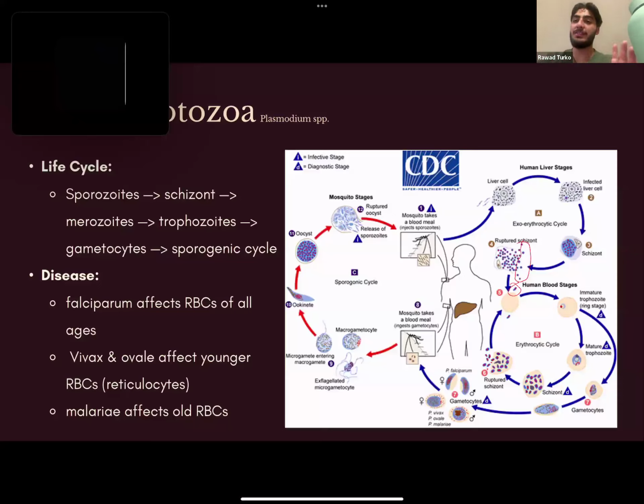Now let's get into how the disease is formed. So the disease of malaria is basically just formed by the cycle of blood cell rupture, and the rupture of the red blood cells would cause the fever. So why is it a cyclic fever? That's because every single time these schizonts rupture and release these merozoites, it's going to cause inflammation, which will cause the fever.